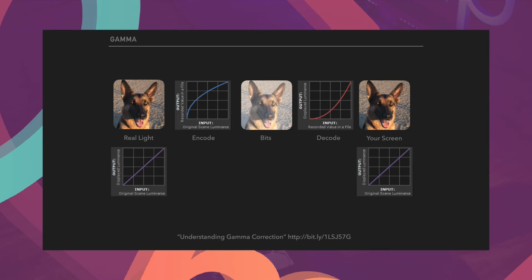But because 8 bits isn't enough to represent all that data, before we save it to a file or memory, we apply a curve to sort of push the values up, and then we encode it so that there's more bits available in the shadows. And then when we go to display it on screen, we apply the inverse curve. By we, I mean your monitor, your operating system applies an inverse curve to make it look appropriate. Okay? Now, it's really important to understand this concept.